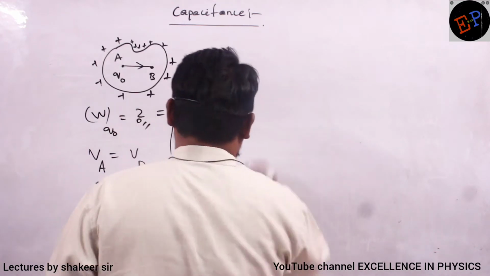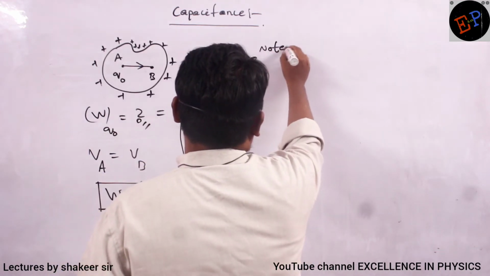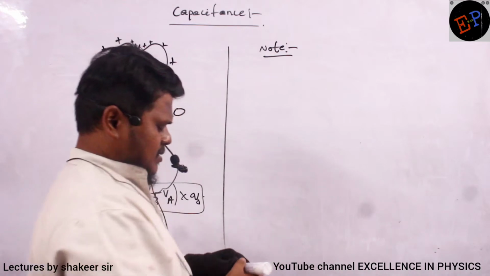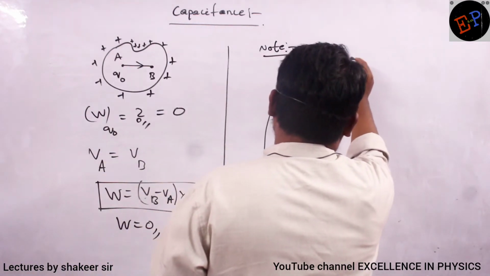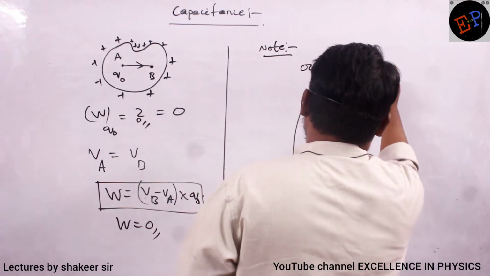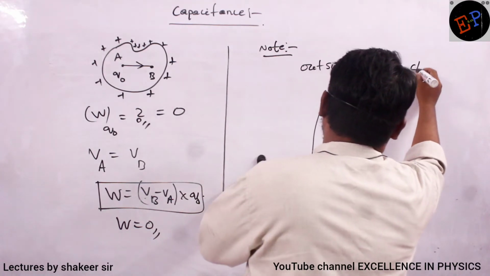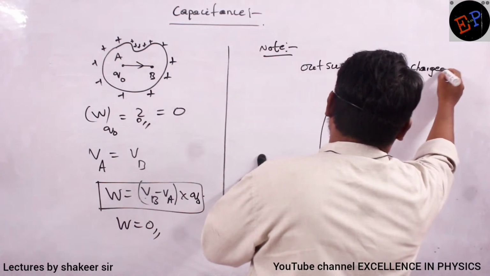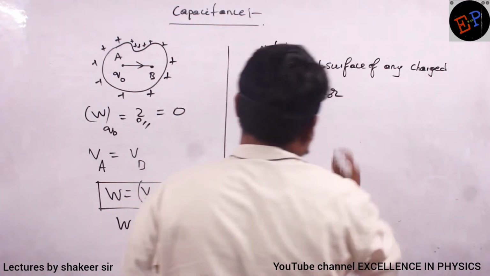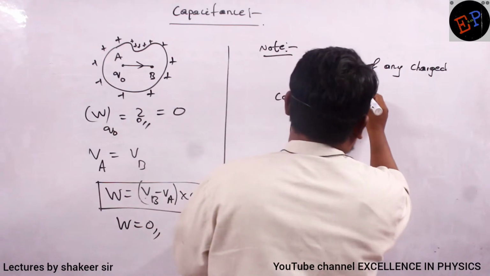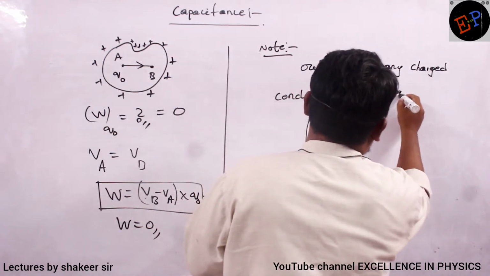Okay, so what are the note points we have to write? Note points are that surface or outer surface of any charged conductor, okay ma, outer surface of any charged conductor is an equipotential surface.